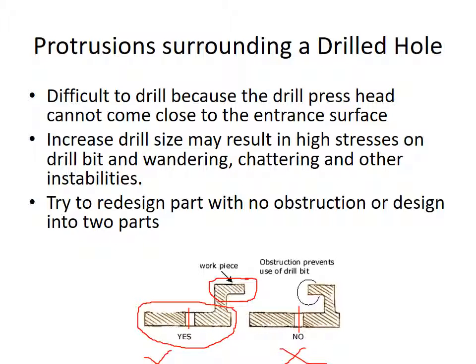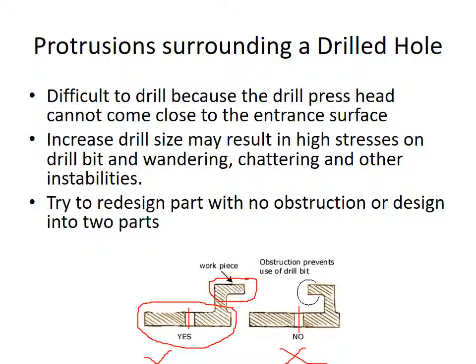One possible solution is to increase the drill bit size to reach the entrance surface of the hole, but that would increase chattering, vibration and other instabilities during drilling because of the increase in torque and other forces. So we can either redesign our component so that the hole can be drilled without any obstruction, as shown in the left figure, or design the part in two parts so that the hole can be drilled before assembling the part that was creating the obstruction.